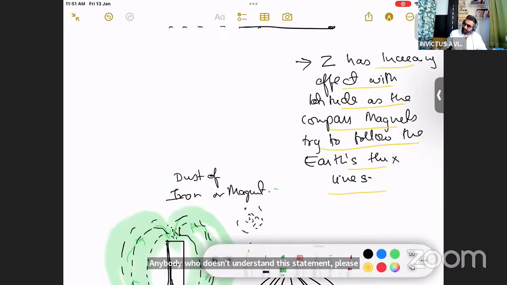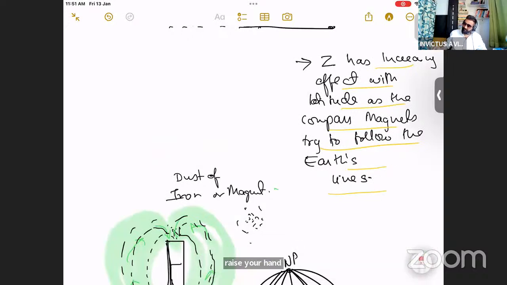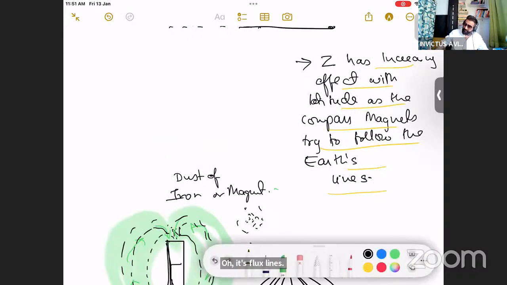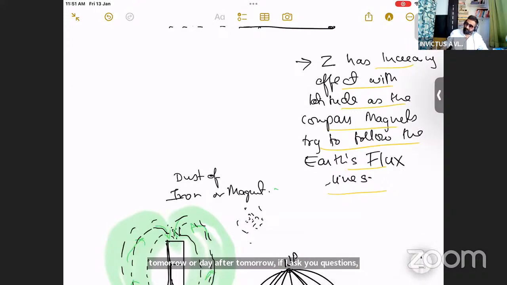Earth's flux lines. I'll write flux again so that tomorrow or day after tomorrow, if I ask you questions, you're not like, oh, sir, I forgot. That should not happen. Flux lines. So all the magnetic field forces can be said to be existing in individual lines. That's where we get magnetic meridian from.